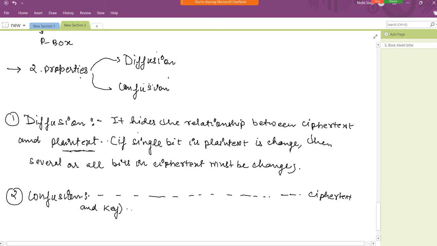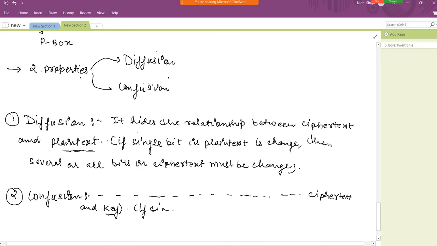The meaning of this statement is, if you change a single bit in the key, then several or all bits in the ciphertext must get changed, such that the hacker will not find out the meaningful plaintext from the ciphertext.